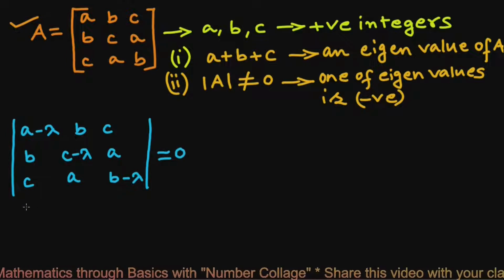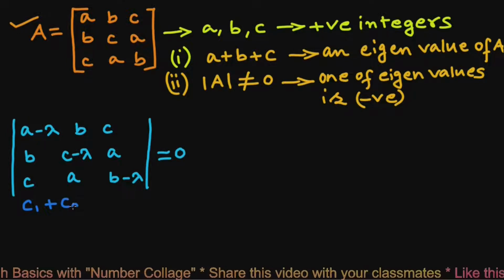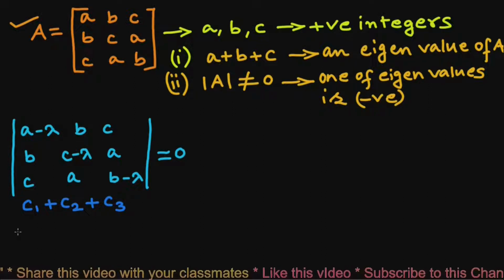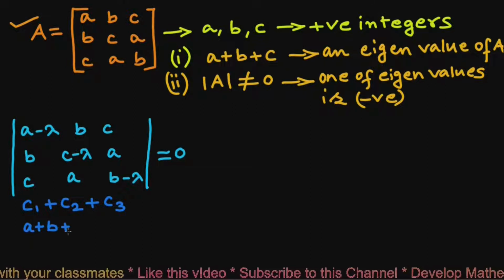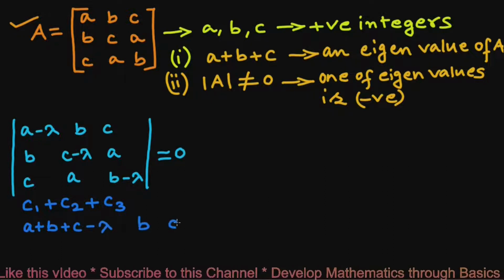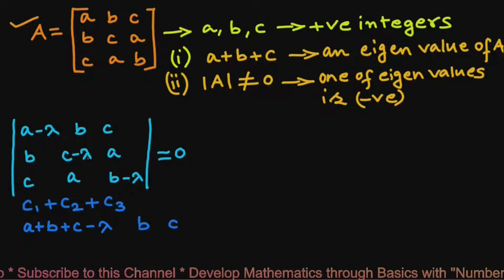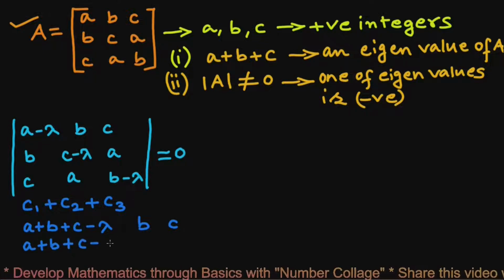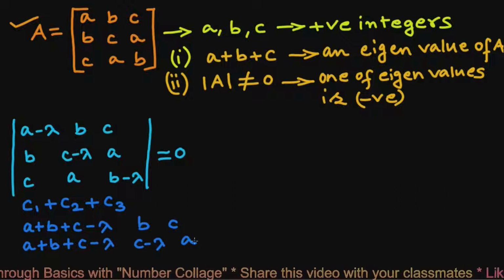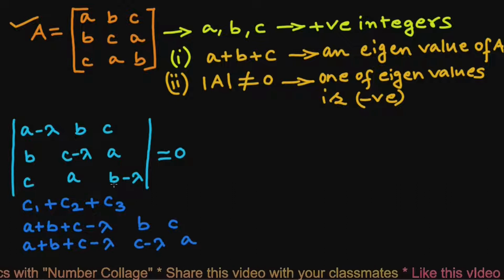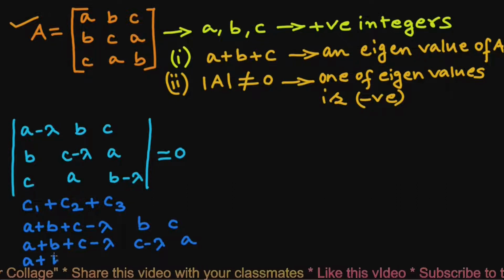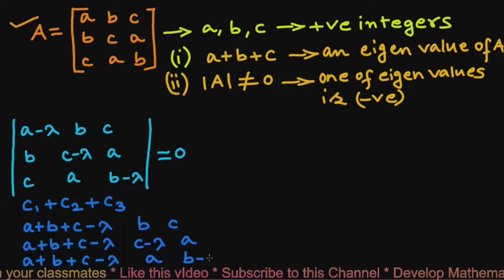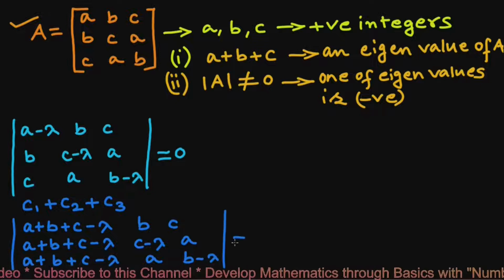By elementary transformation, C1 plus C2 plus C3, we get in the first column A plus B plus C minus lambda, then B plus C plus A minus lambda, which is A plus B plus C minus lambda, and C plus A plus B minus lambda, which is A plus B plus C minus lambda. The determinant of this is 0.